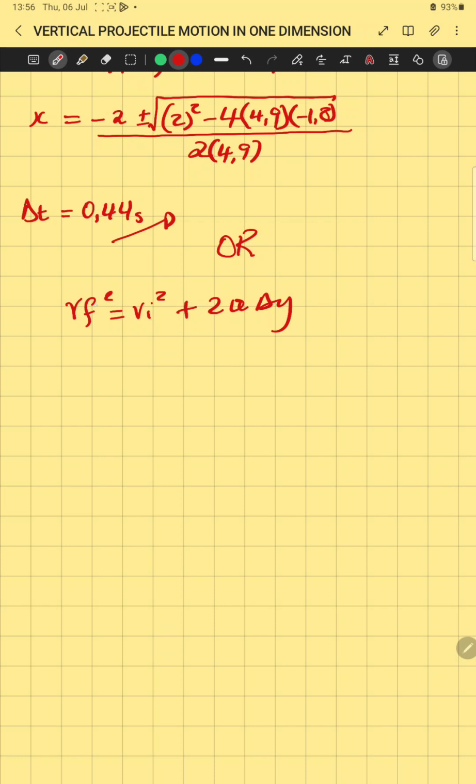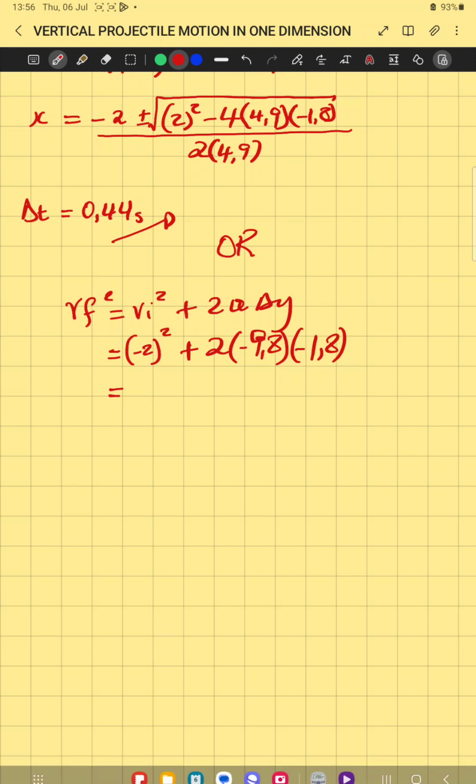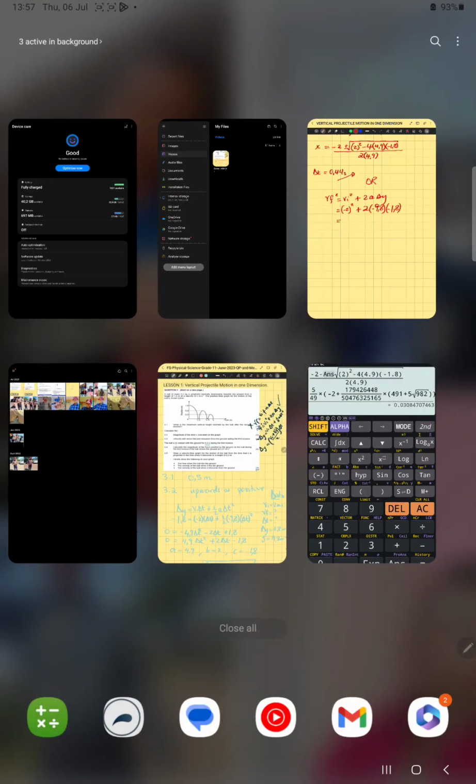Here we are solving for vf, the magnitude of the final velocity. So we'll be substituting, remember, the value of initial velocity is -2, substituted throughout. This is the substitution, and then this is -9.8, and then we just work it out. So let's check now.